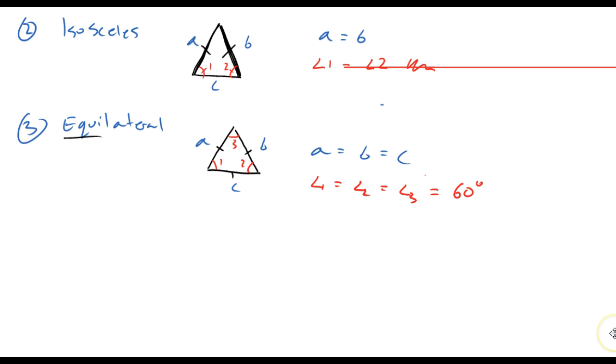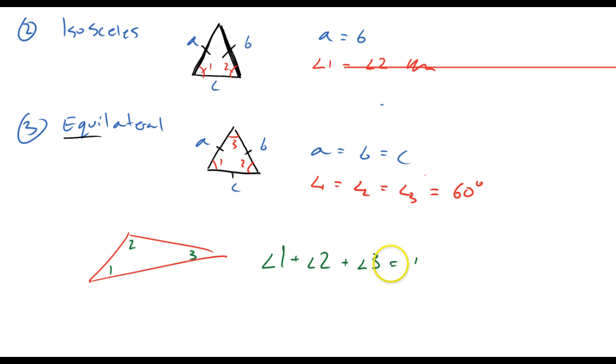So let me go ahead and give you a quick example here. If I had any triangle like this, and I had three angles here, so let me go ahead and mark them 1, 2, 3. So angle 1 plus angle 2 plus angle 3 have to equal 180 degrees. So as long as you know 2 out of the 3 angles, you can get the third angle.